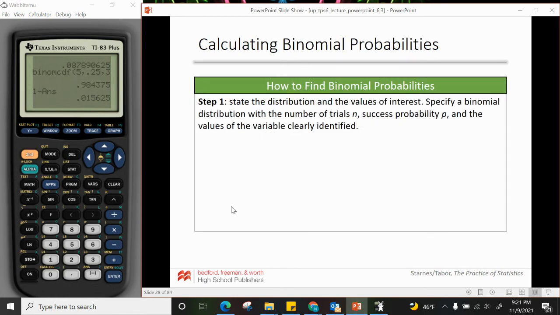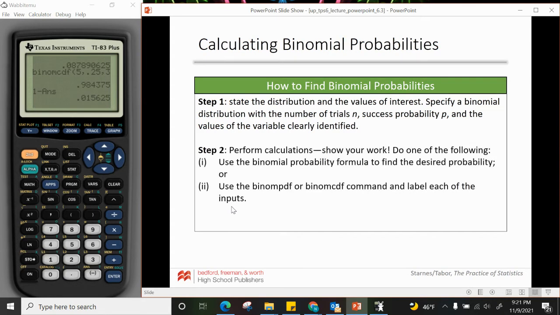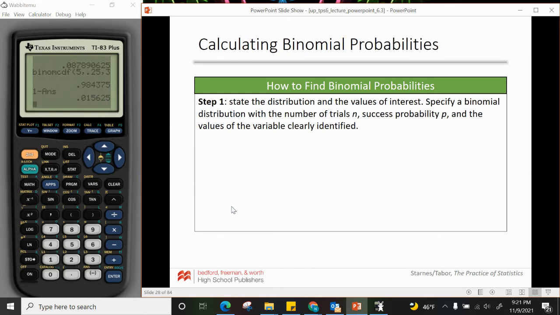So here is how to find your binomial probabilities if this is a free response question. State the distribution and the values of interest. Specify a binomial distribution with a number of trials and success probability, and the values of the variable clearly identified. So I'm going to say X equals the number of children that have type O blood.